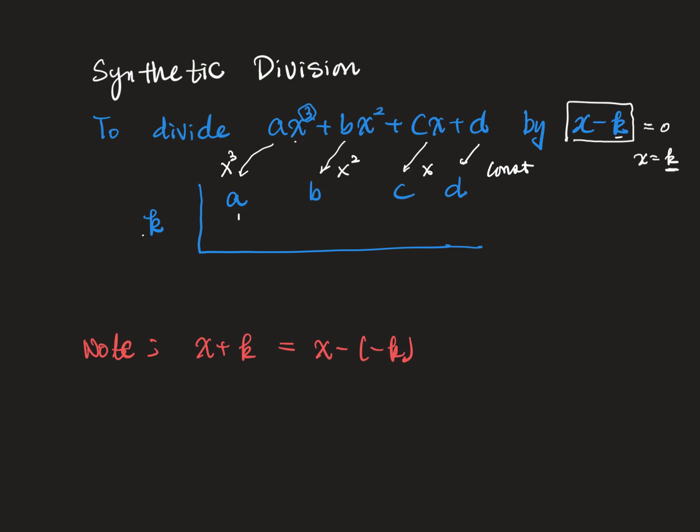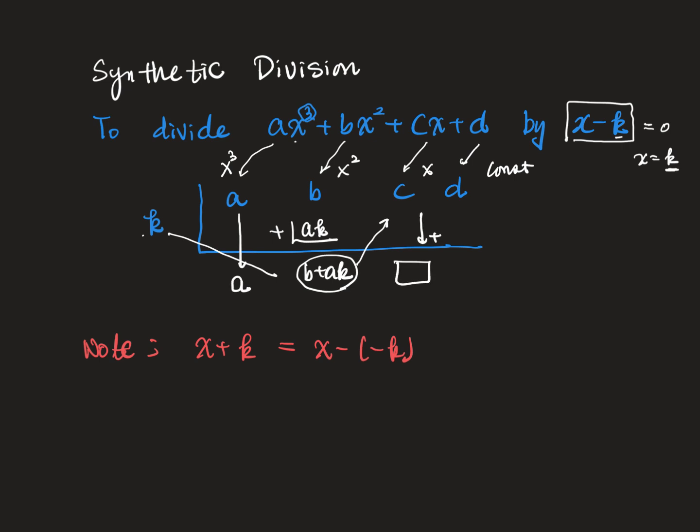So how do we do the synthetic division? Remember, you drop the a, a times k is ak, and you add b plus ak. Let's keep going. This times k, then you go here and go down, add right here. Okay, that's the synthetic division.